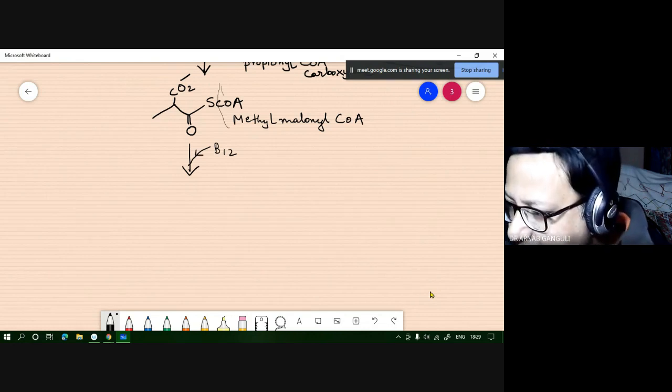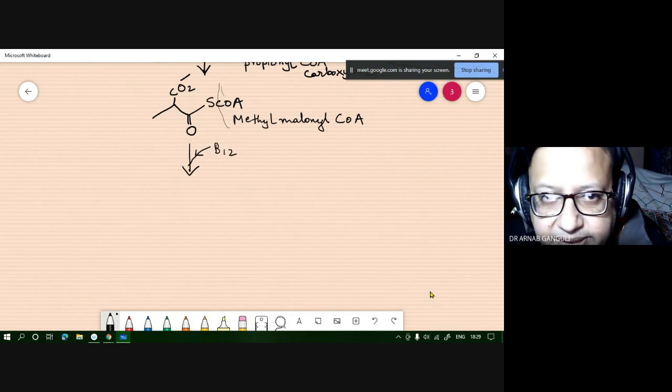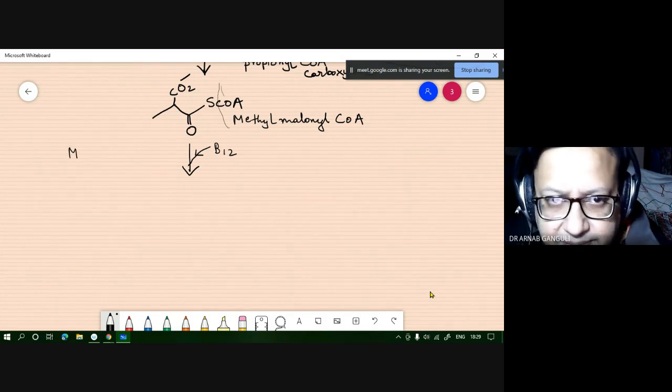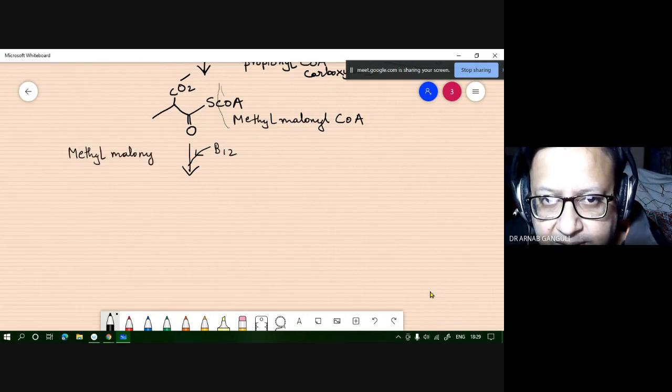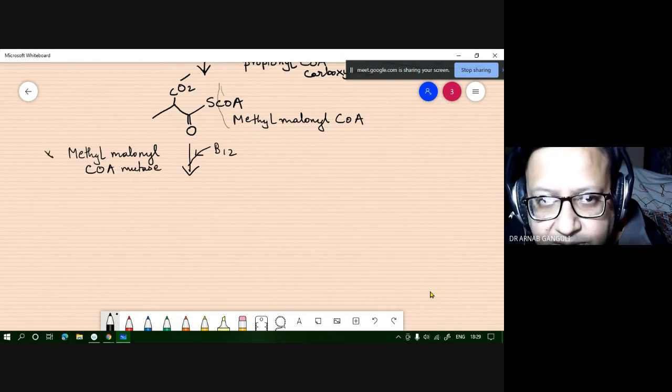And the enzyme is methyl malonyl CoA mutase. This enzyme will now start working.